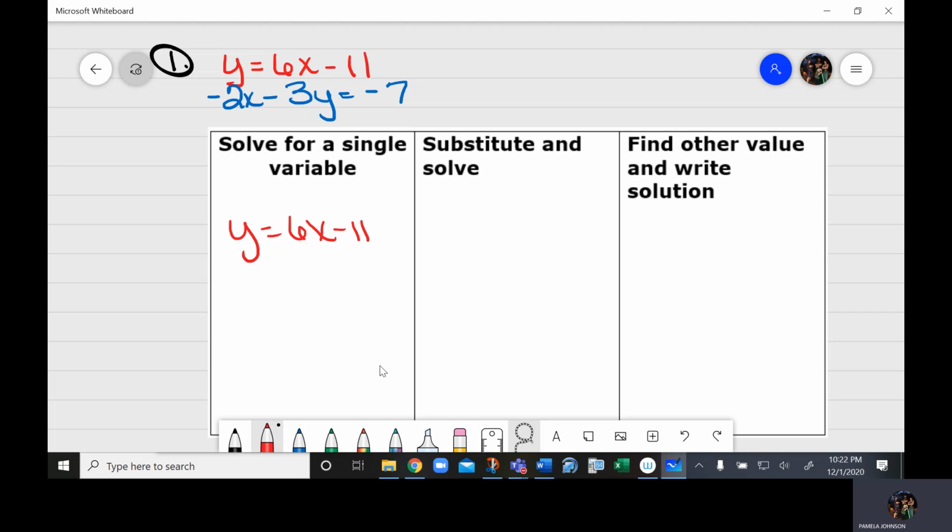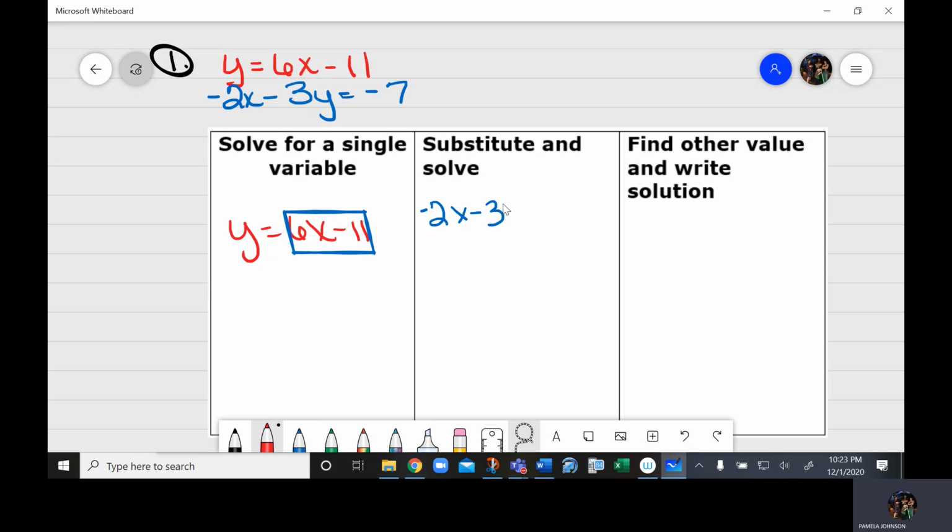The next step is that we're going to substitute and solve. So we're going to start with this negative 2x minus 3, and you notice we're going to the second equation here. However, instead of y, I'm going to substitute in this whole 6x minus 11. This is equivalent to y.